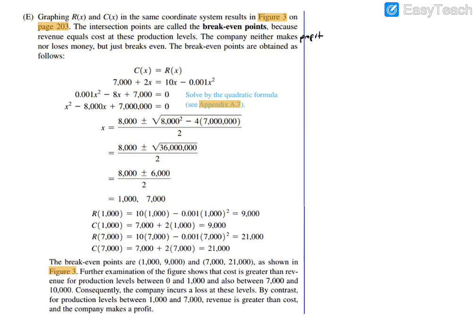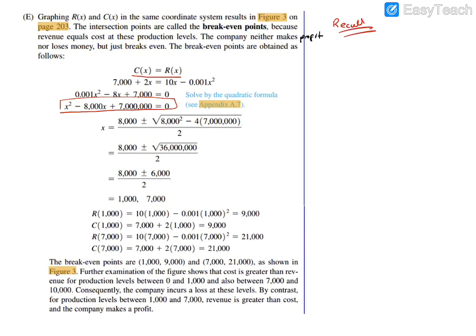So here we learn break-even points. By solving this equation, revenue equals cost, we can find it. So you should be able to solve the quadratic equation.